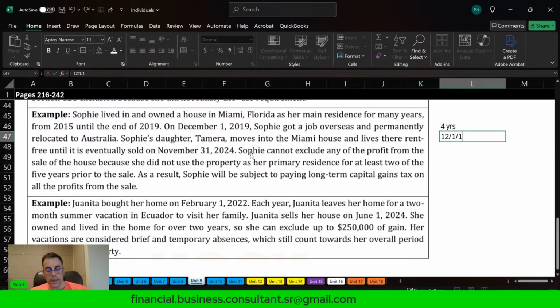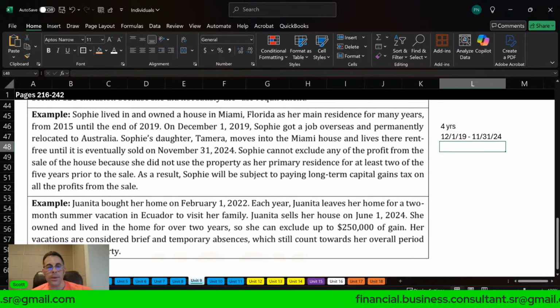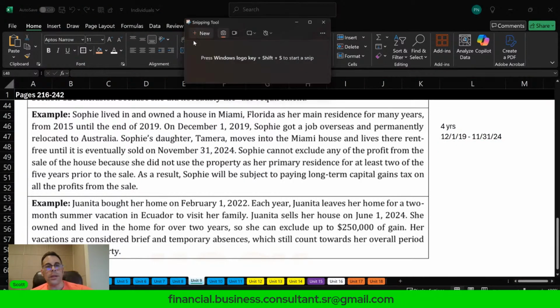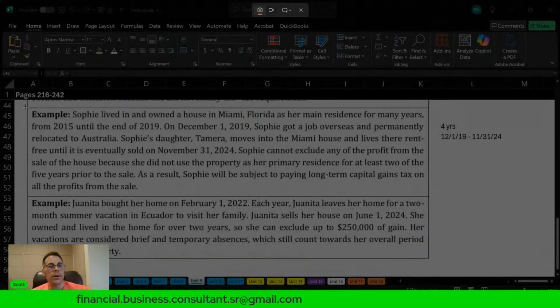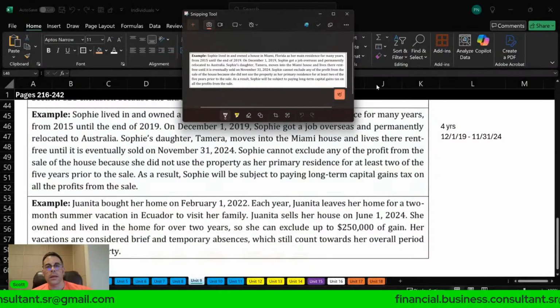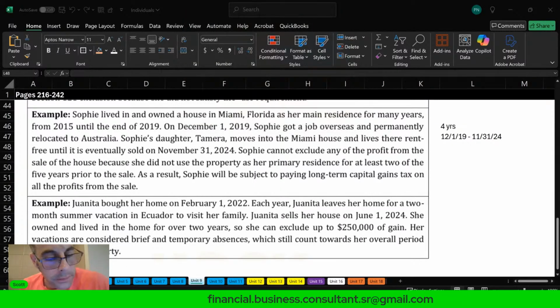So 12/1/19 to 11/31/2024. It's so stupid. I hate when I see stuff like this. That's not a real date. There's only 30 days in November.